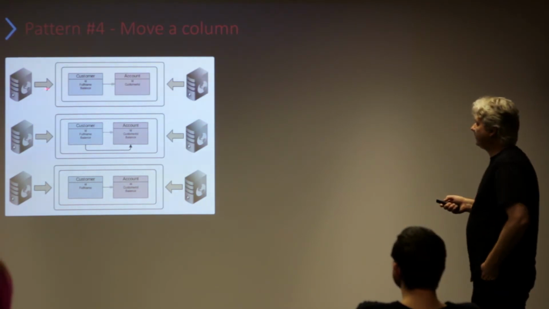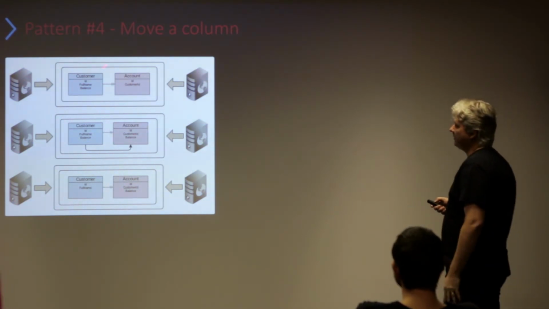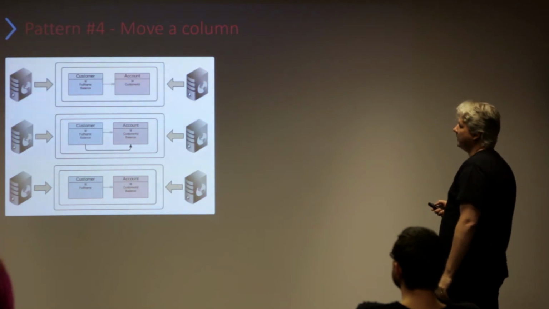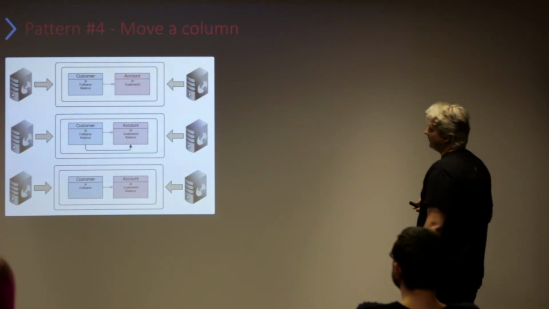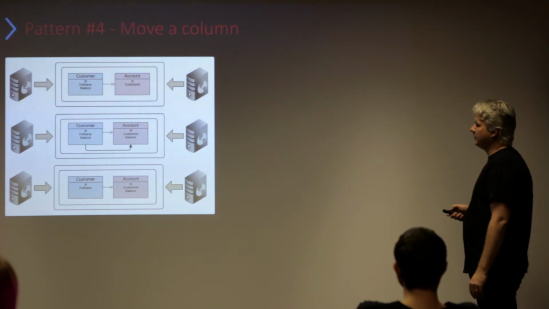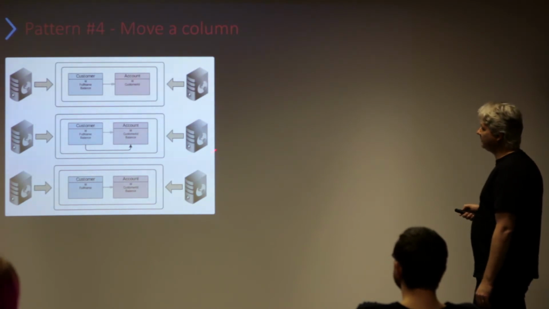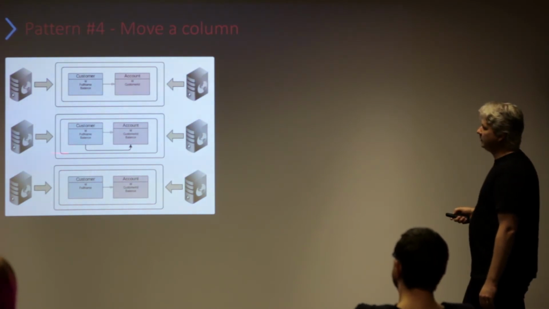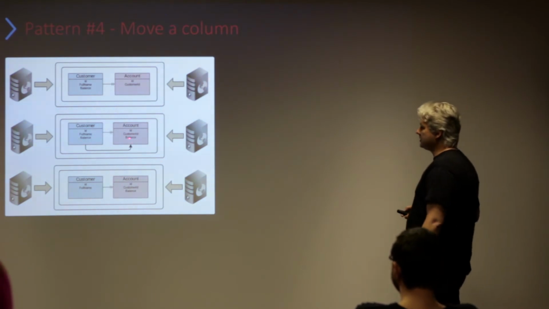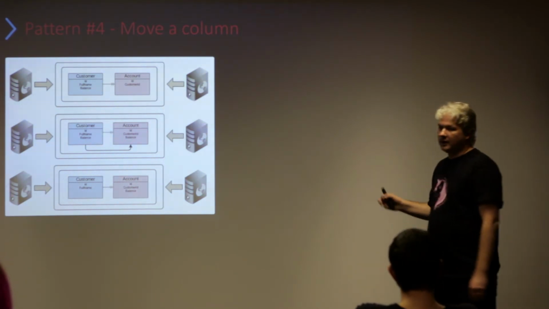Well, we start off with this scenario that we've got here. We've got the customer with the balance record on here, and we've got this account, and we decide, well, we've got to move it over. But it's going to take 6 months for these guys to move over, and we can move over straight away. So we introduce the balance column on the account side as well.